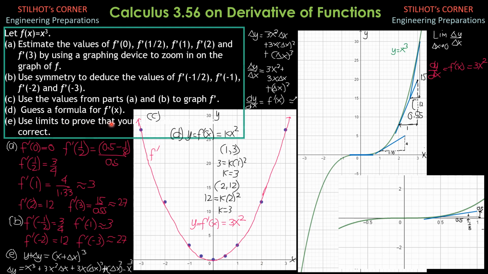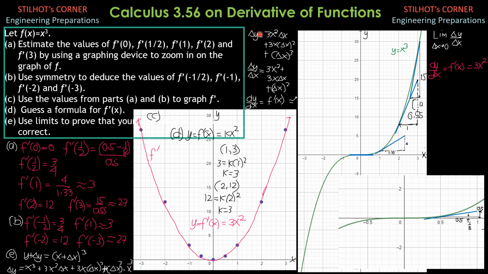Then use limits to prove that your guess in part D is correct. So this is now part E. y plus delta y equals quantity x plus delta x cubed. So delta y is x cubed plus 3x squared delta x plus 3x quantity delta x squared plus delta x cubed minus x cubed. So cancel x cubed.